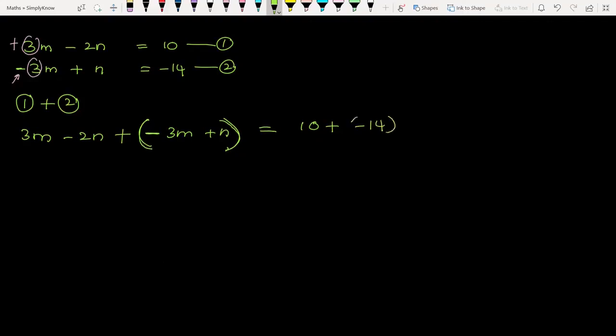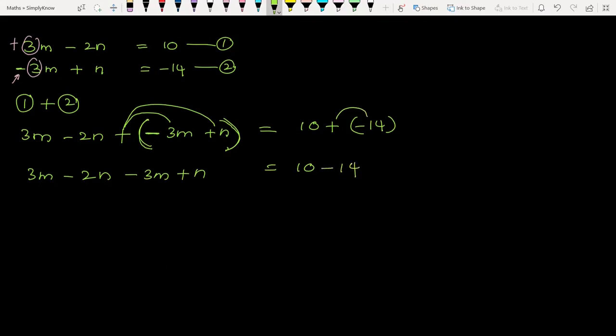Let's write it within the brackets. Okay, now let's remove the brackets. 3m minus 2n, plus times minus 3m is minus 3m. Plus times plus n is plus n. Equals here 10 plus times minus 14 is minus 14.